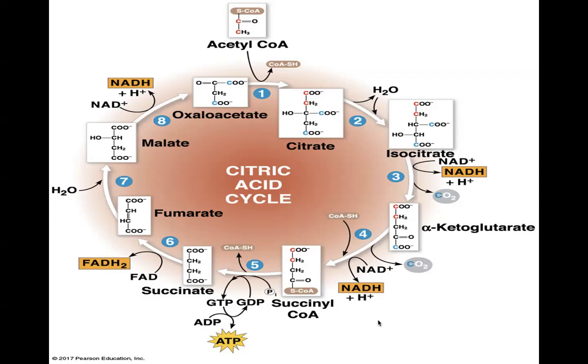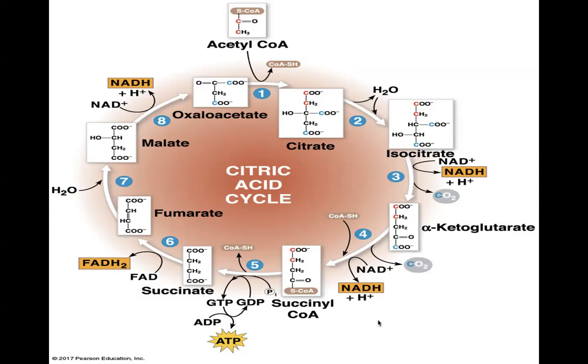So that means that as we make carbon dioxide, we can also generate an electron carrier, and that is what we see here. As we're switching from a 6-carbon to a 5-carbon, isocitrate to alpha-ketoglutarate, we are making carbon dioxide, and we're also generating an electron carrier.